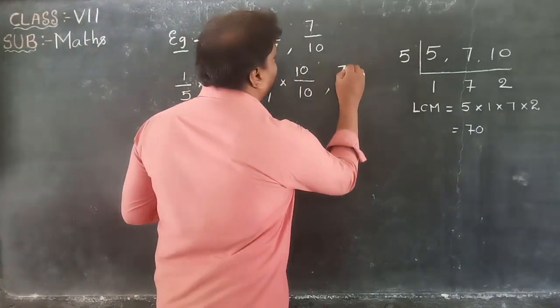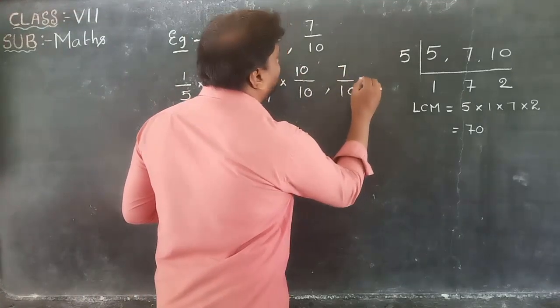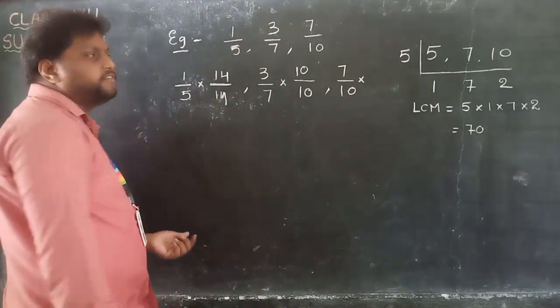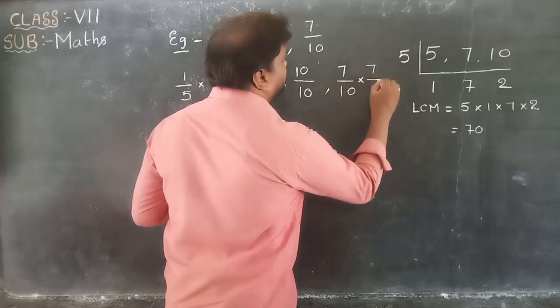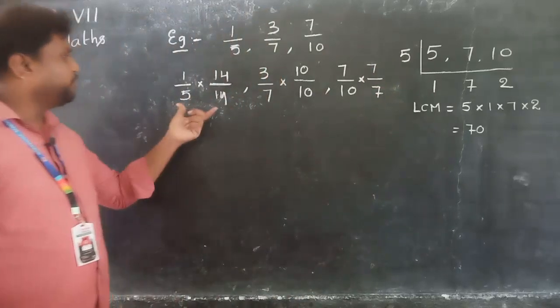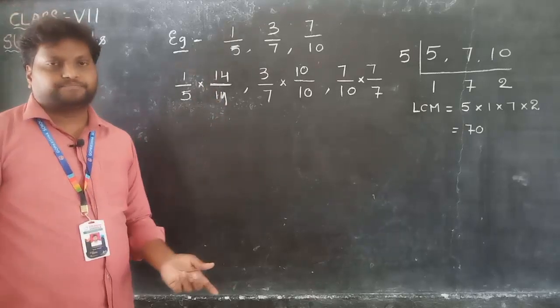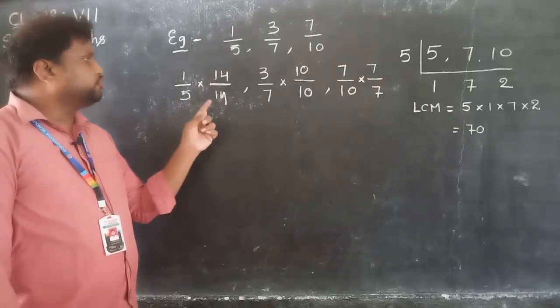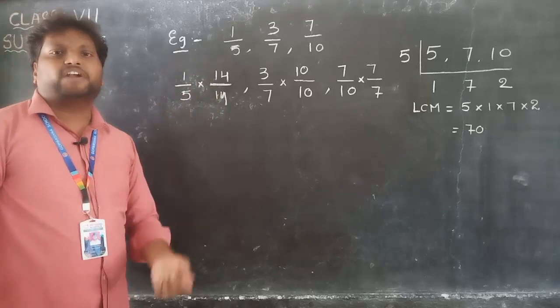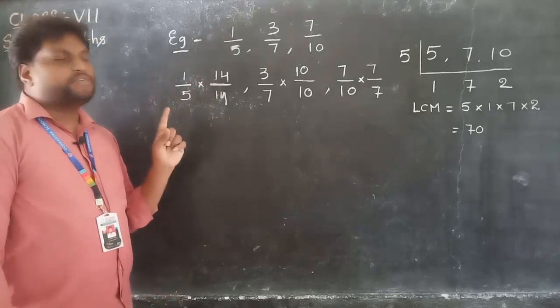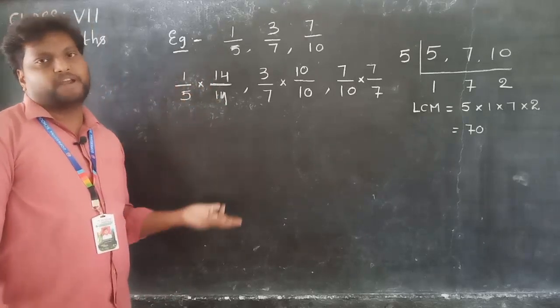Last one, 7 by 10. I want 70, so 10 into which number will get 70? 7, so 7 by 7. See, for the first fraction we multiplied with 14 by 14. 14 by 14 is nothing but 1, because any number divided by itself gives 1. That's why 1 into 1 by 5 is 1 by 5 only.